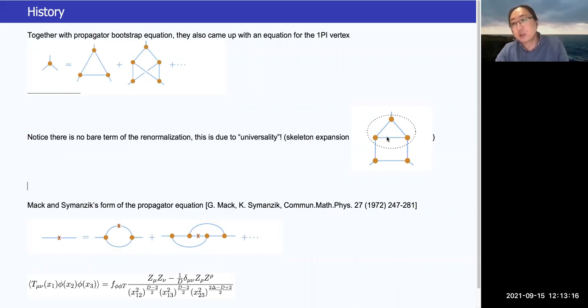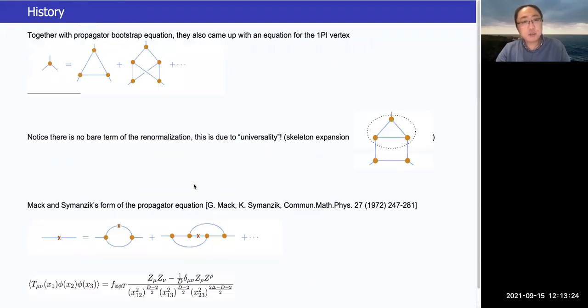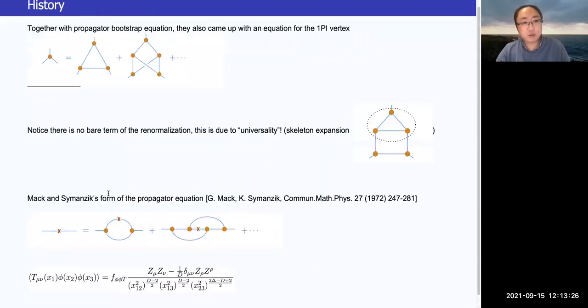Diagrams like this should not be included. Instead of using this form proposed by Polyakov and Migdal, we are going to use another form proposed by Mack and Nachtmann, which is a little more convenient for us.